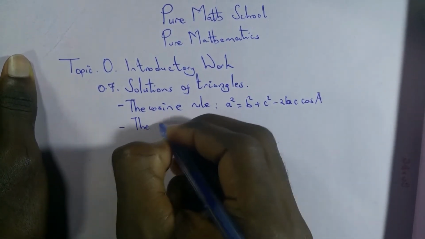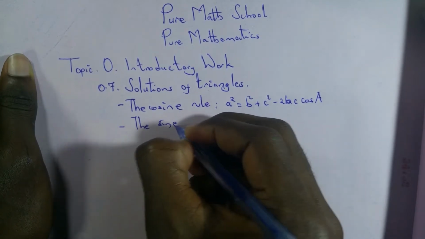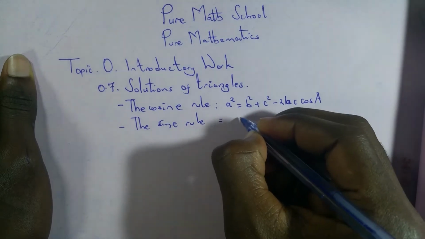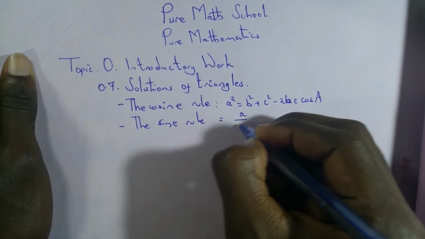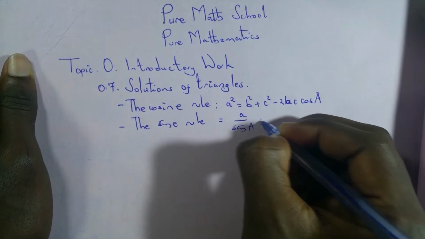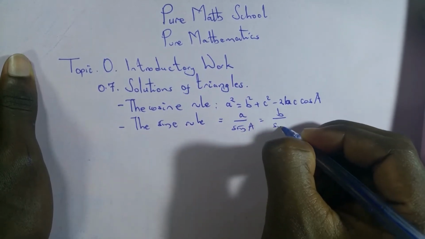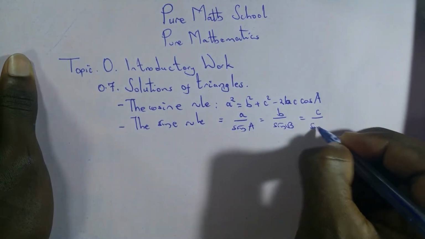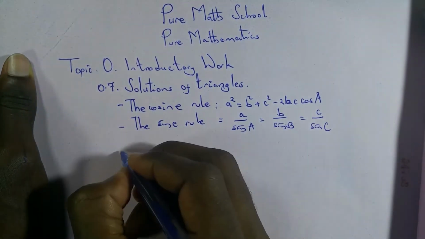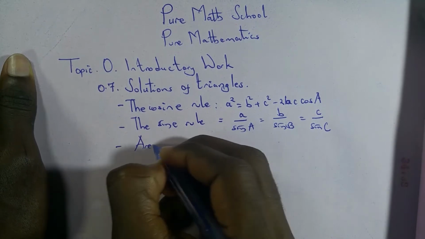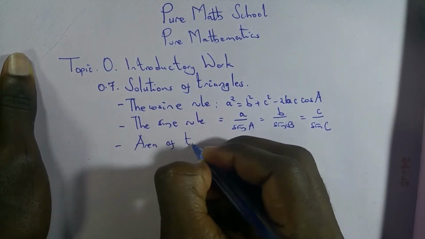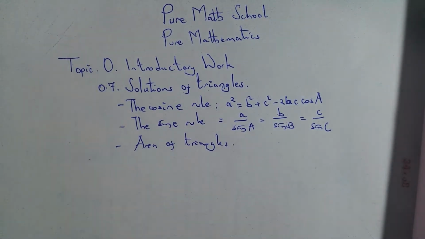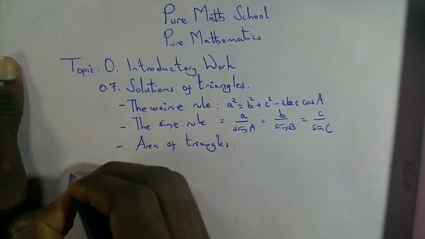The sine rule, which is given by a over sine a equals b over sine b equals c over sine c. And we look at the area of triangles. So today we're going to start with our first one, that's the cosine rule.